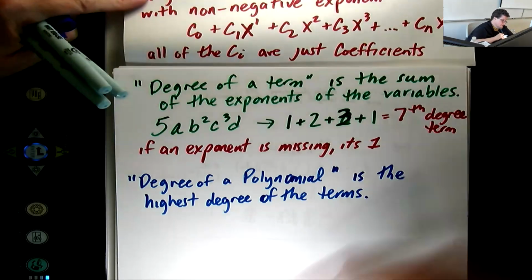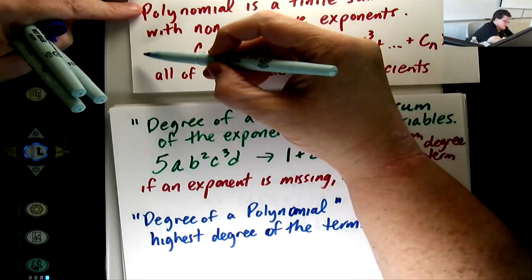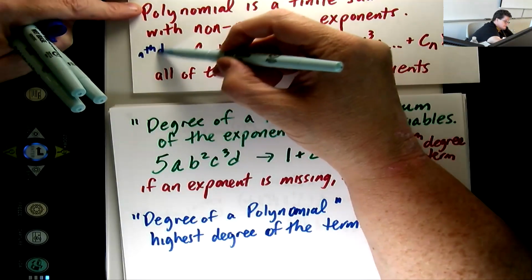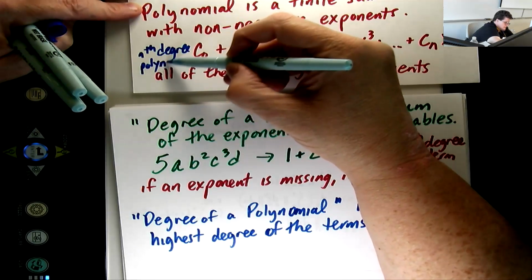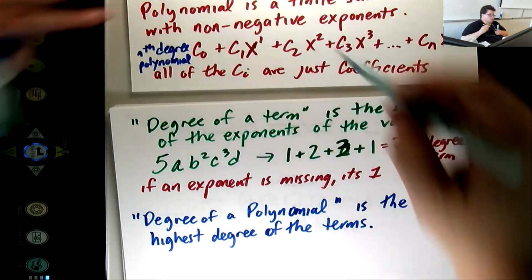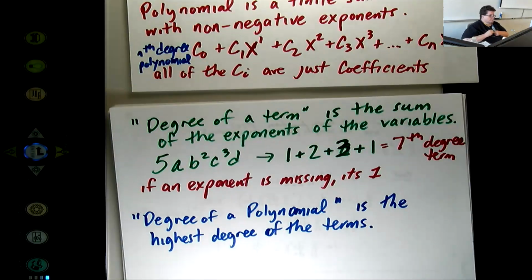So up here, this is an nth degree polynomial, because it went up to x to the nth power.